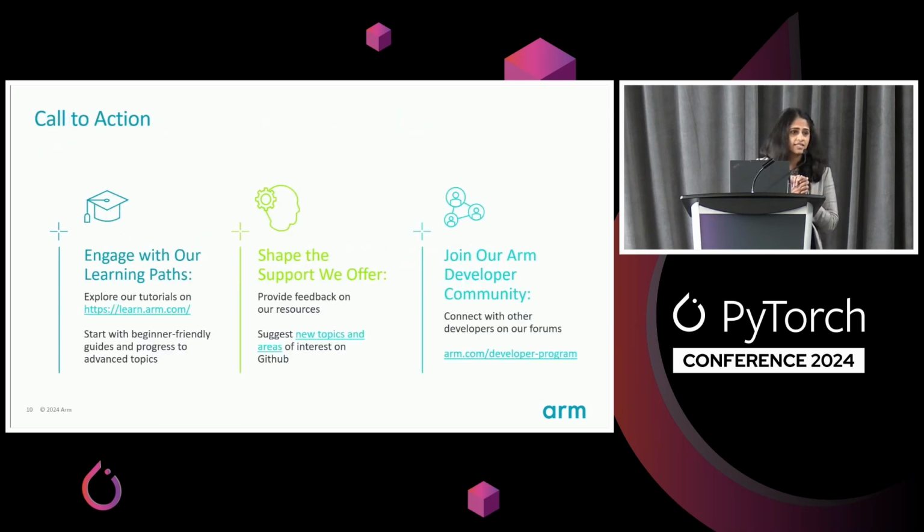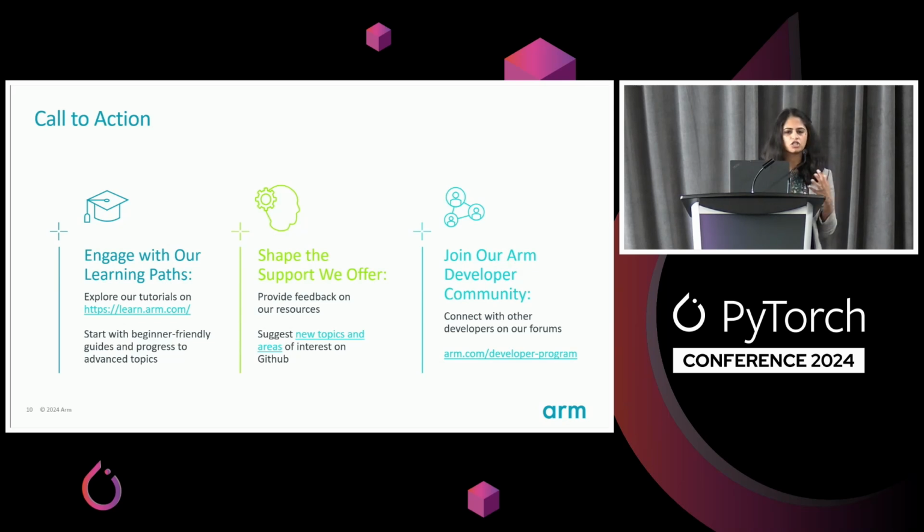To summarize, I want to leave you with a commitment from us that we want to share everything that we're doing to accelerate Gen AI on Arm-based CPUs with the community at large. But we're only as good as the feedback that we receive. So it's also a call to action to help us shape the support that we're offering you.